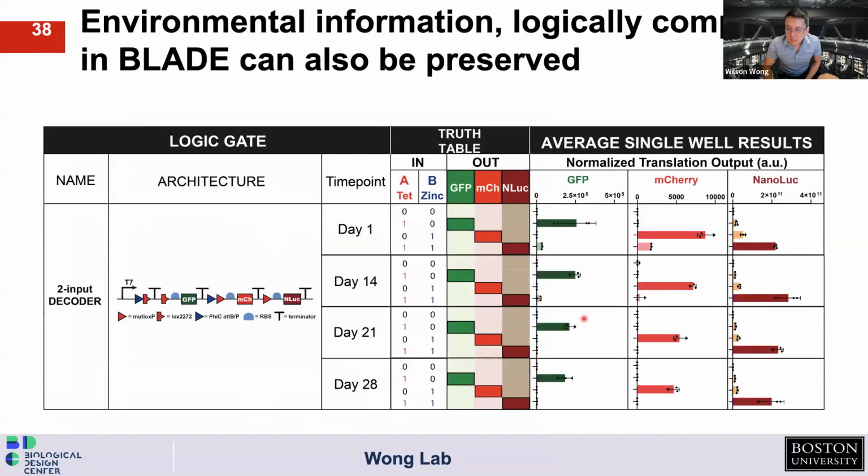So finally, this is the last figure in the paper that hopefully will come out in one to two months. We also showed that, let's say you have your circuit, it senses things, either TET or sync. And then in this paper-based format, can you remember the DNA, the input, the logic of these things?